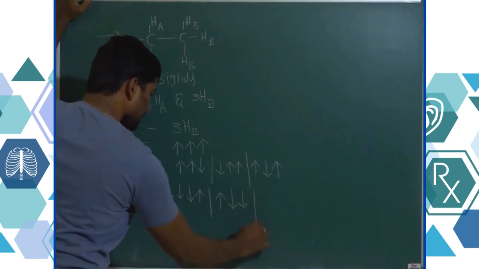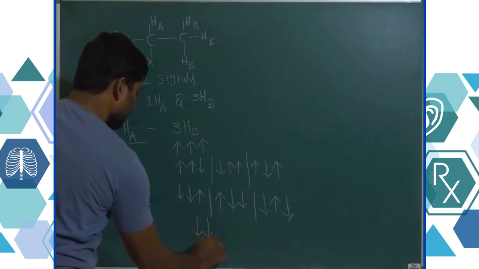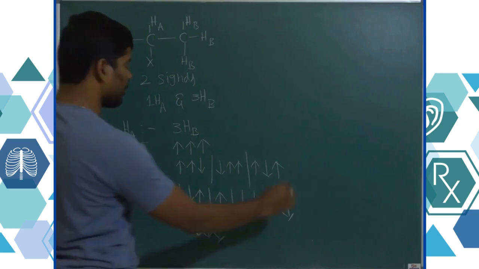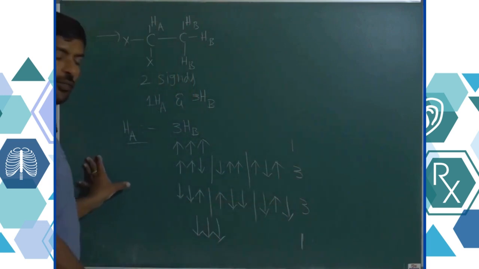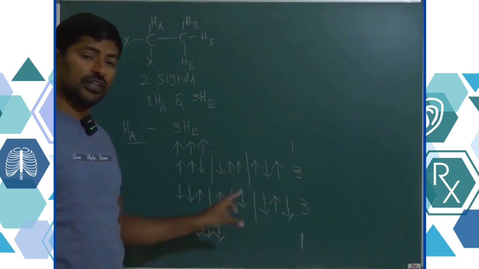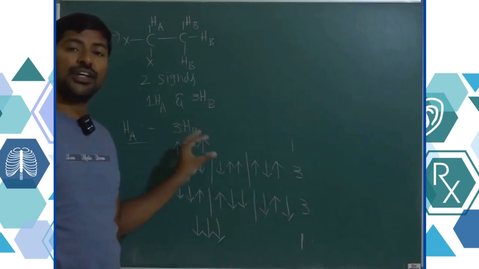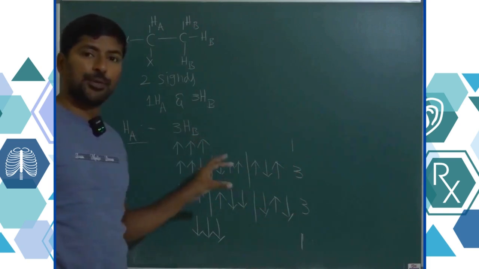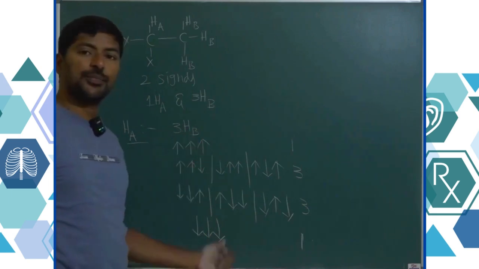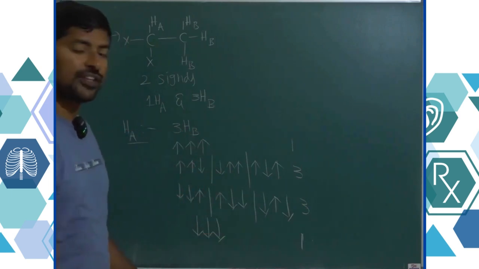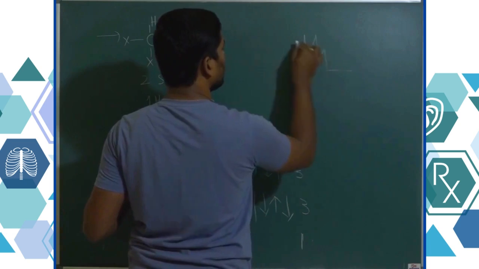Then all with downward orientation. So the probability for these arrangements is 1:3:3:1. So HA may experience 4 types of magnetic fields from the 3 HB protons. Therefore, the signal for HA is split into 4 lines. What about the intensity ratio?